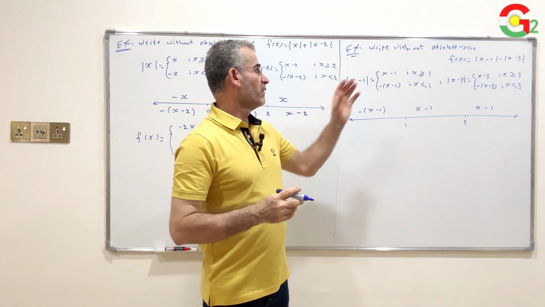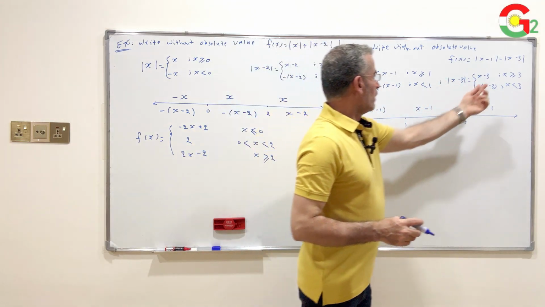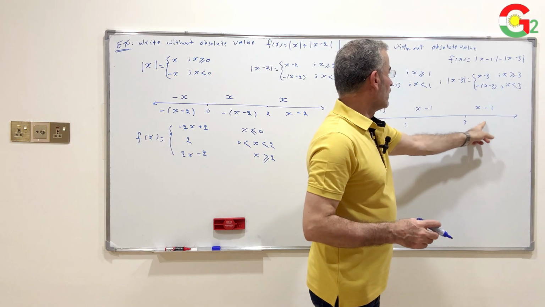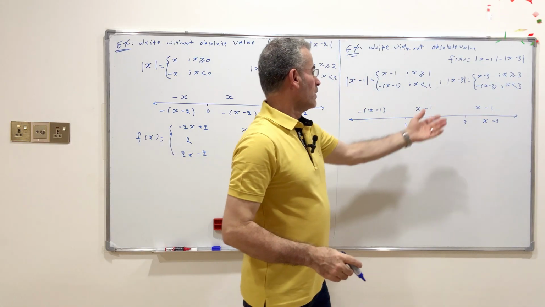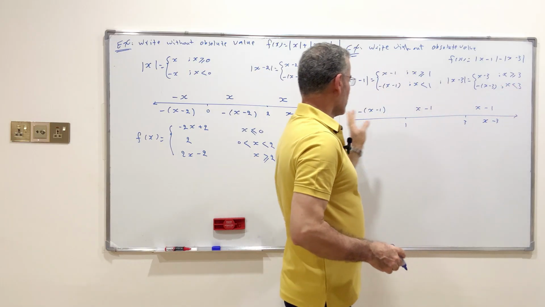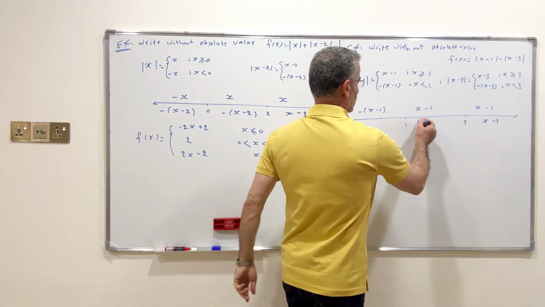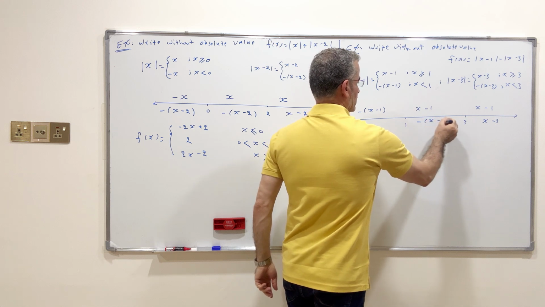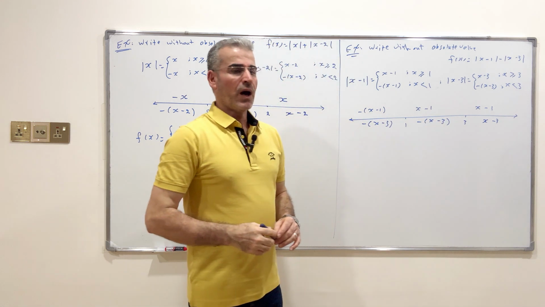This is for the first absolute value. For the second absolute value, when x is greater than 3, from 3 to infinity, the function is x minus 3. When x is less than 3, from negative infinity to 3, the absolute value is equal to negative bracket x minus 3.